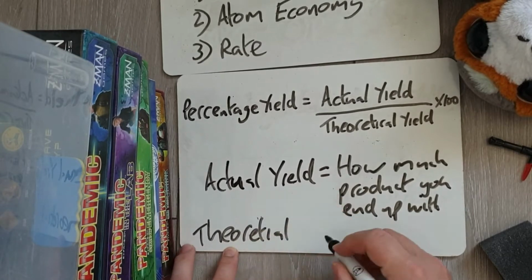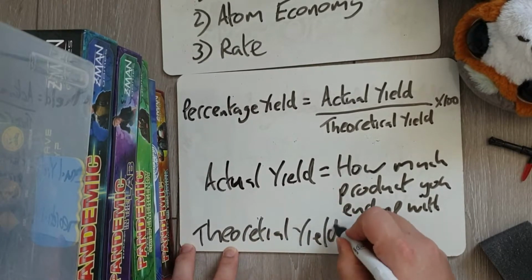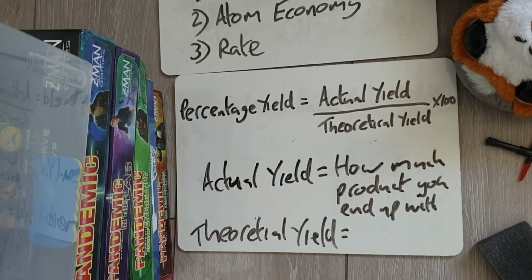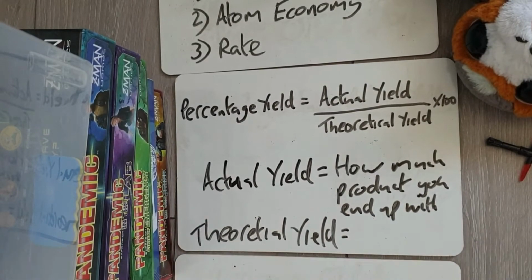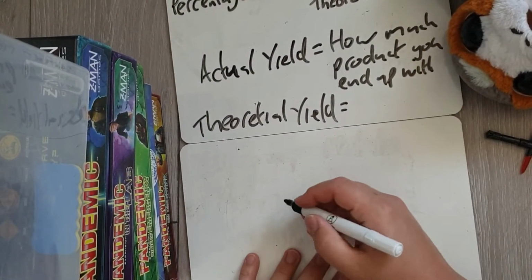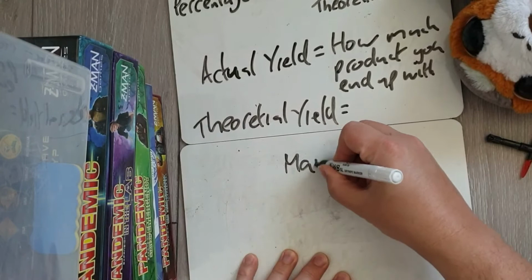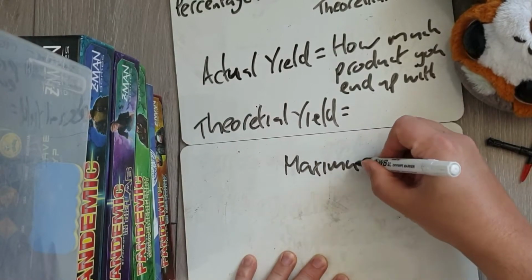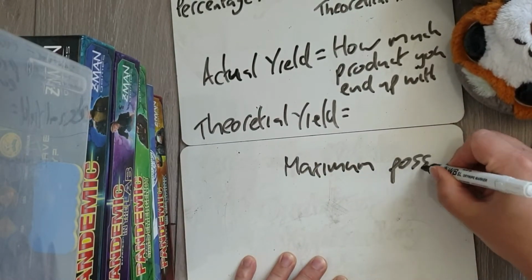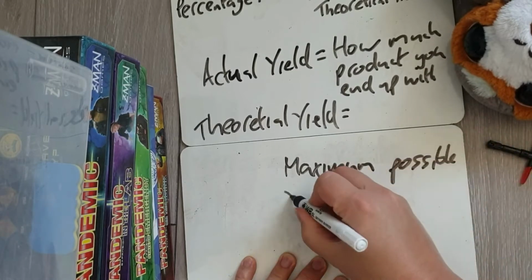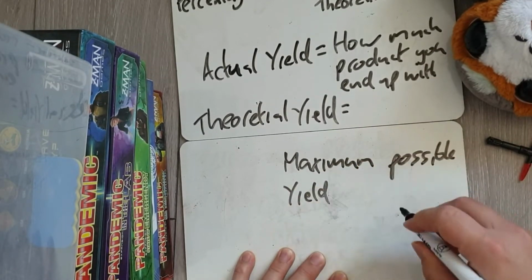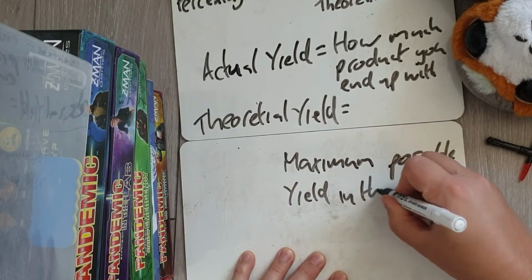So the actual yield is how much product you end up with, and the theoretical yield is the maximum possible yield in theory.